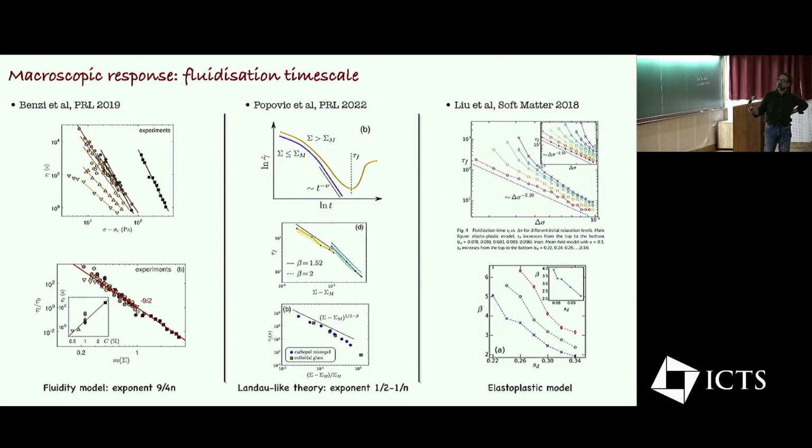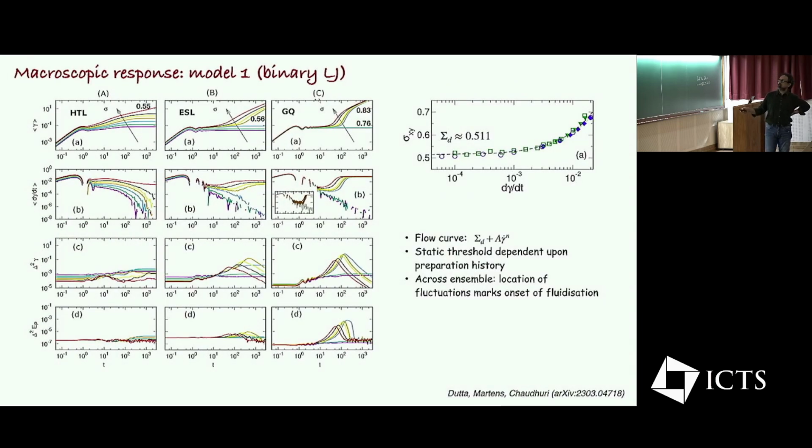There is one study from the group of Benzi using a fluidity model, and they write the fluidization timescale as a function of the distance from the yield threshold, as a diverging power law with some exponent 9/4n, where n is the exponent in this flow curve.